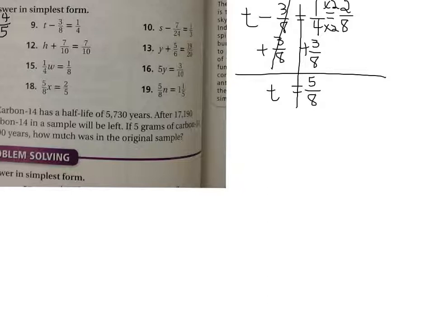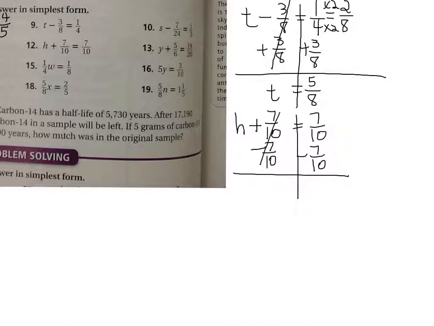Let's try number 12. H plus 7/10 equals 7/10. To undo a plus 7/10, I need to subtract 7/10. Okay, this cancels out.